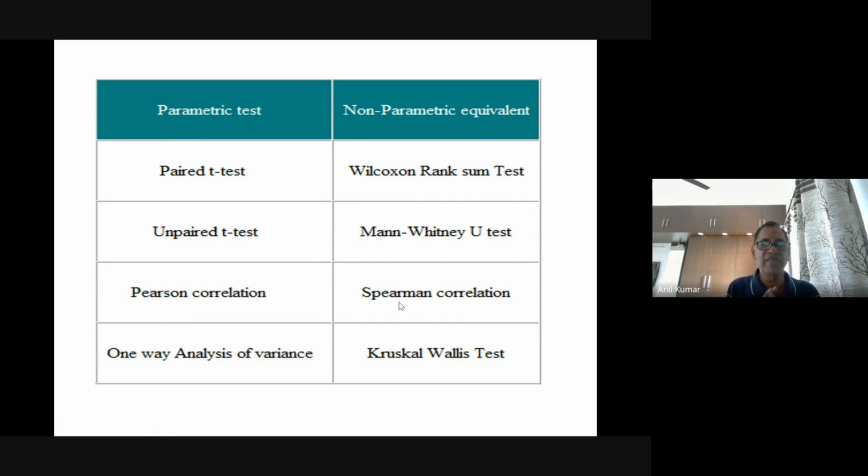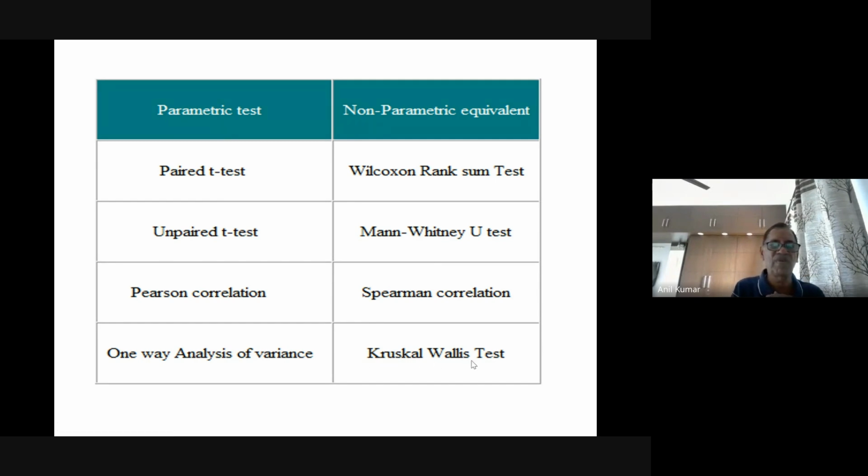So it is very simple to remember that Spearman correlation, wherein we work on ranks of the individuals, is the non-parametric equivalent of the parametric Pearson's correlation. Instead of one way analysis of variance, because you are not able to use it depending upon the nature of the data, you go for the non-parametric equivalent, that is the KW test.